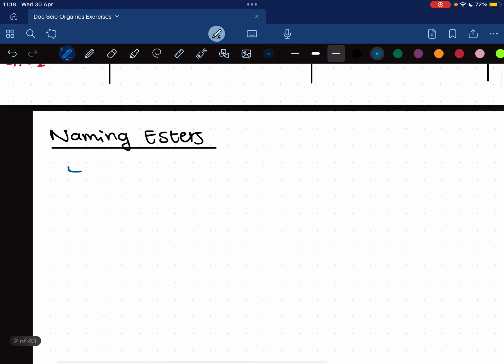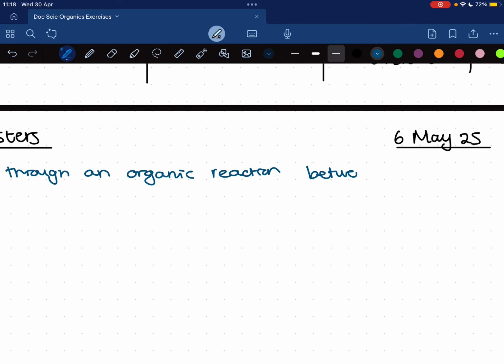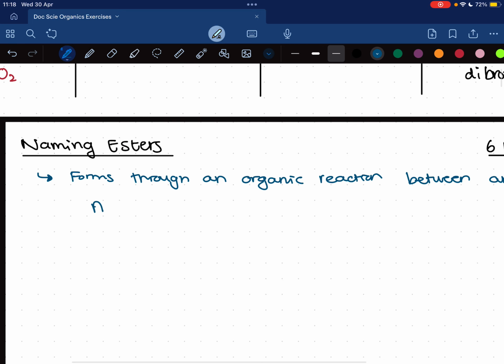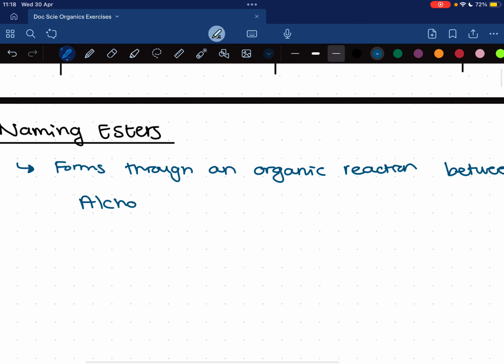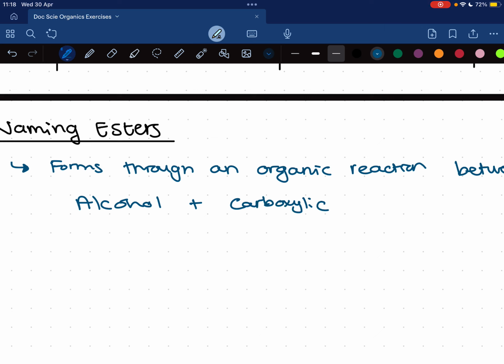Firstly, I'm going to write that it forms through an organic reaction between an alcohol with a carboxylic acid.